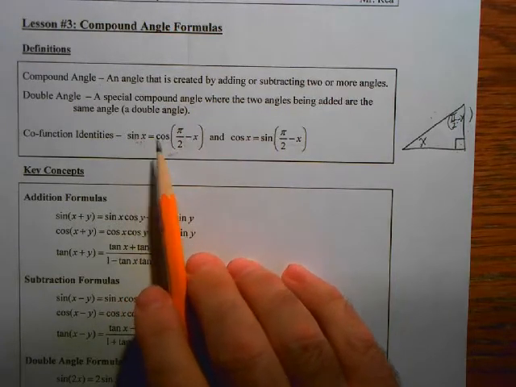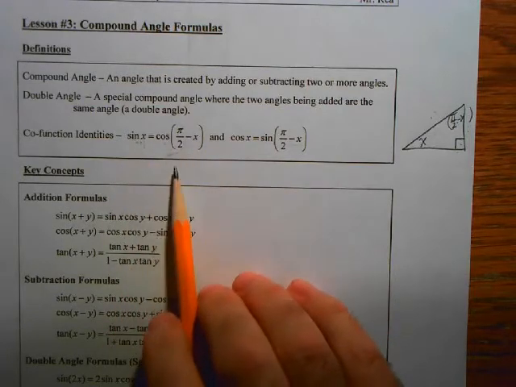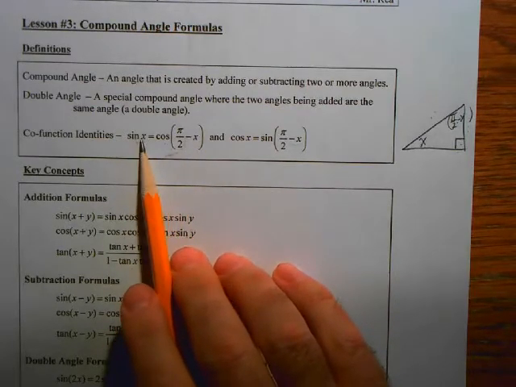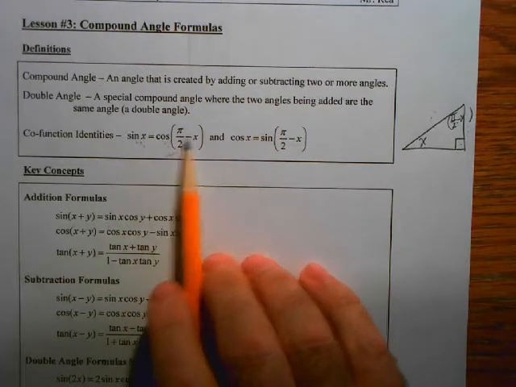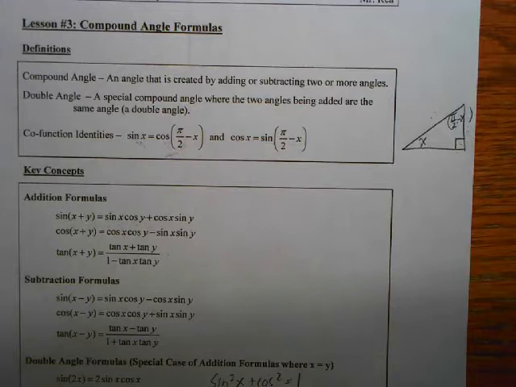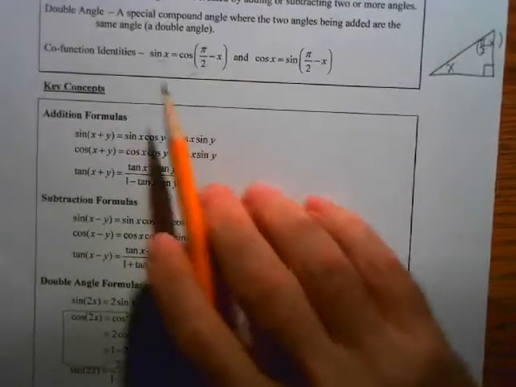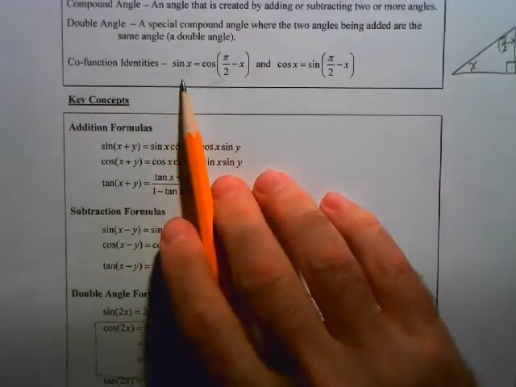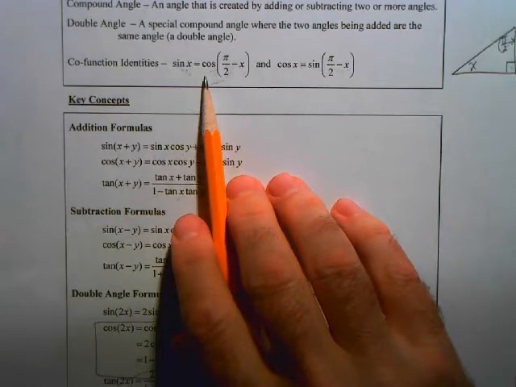Sine of 20 equals cosine of 70, and you can relate that back to radians as well. Sine of pi by 6 is equal to cos of pi by 3. Those two angles add up to pi by 2. Like I said, I'm not going to be referring to that identity in this lesson, but it will be there for trig identities as well.